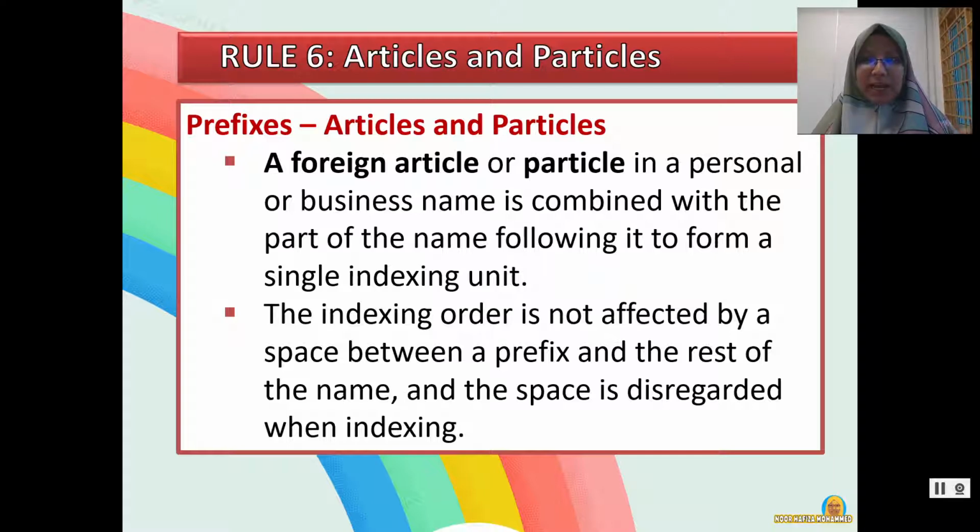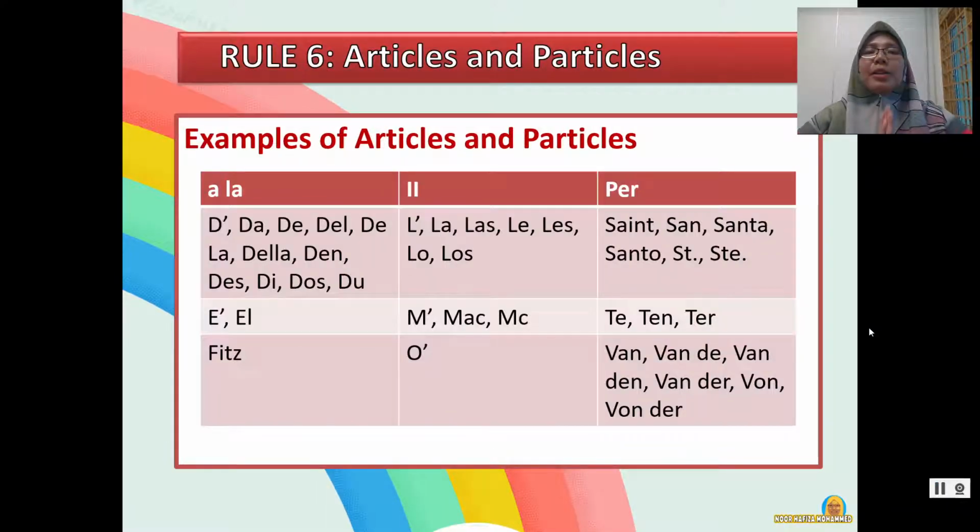I'm sure you're not getting a clear picture yet of what the articles and particles are, so I'm going to show you more after this. These are examples of articles and particles. For example, McDonald, Mc.